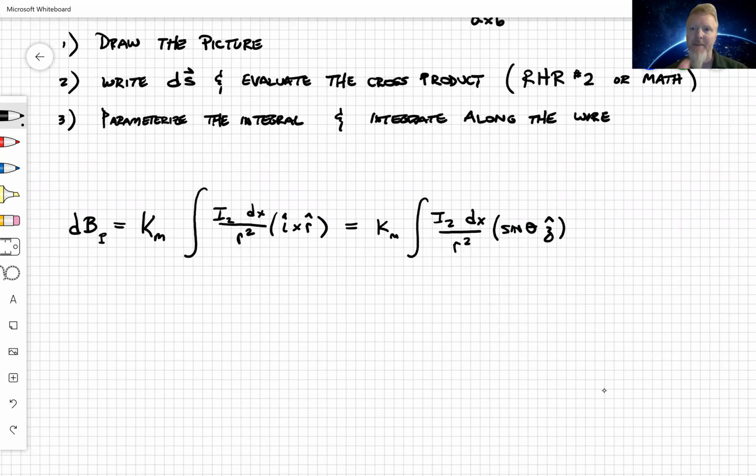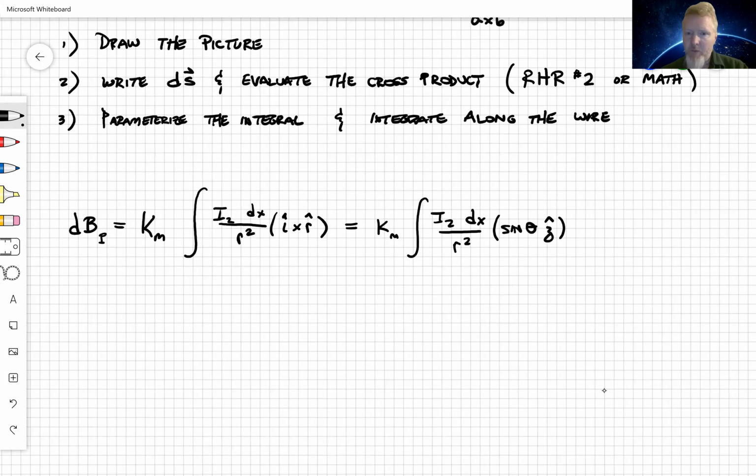So the direction is coming out of the page up here at point P. Remember that I hat is on the wire and r hat is from the wire to point P, but you're doing this cross product in order to find the direction of the magnetic field at point P. And that's the right-hand rule, to let you know. Okay, so we've got this thing. What are we going to do with this thing?